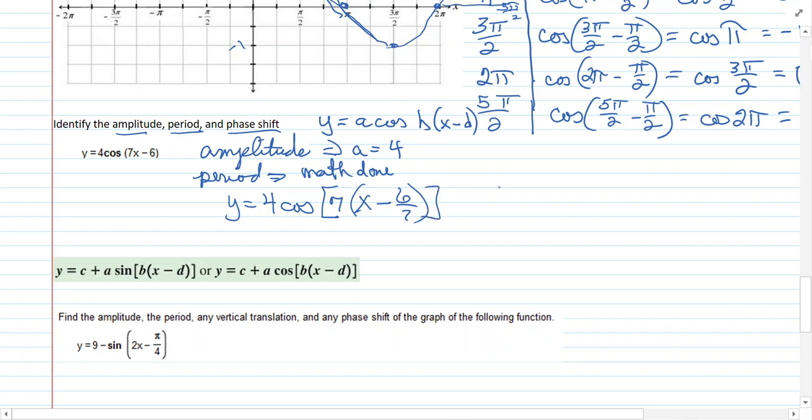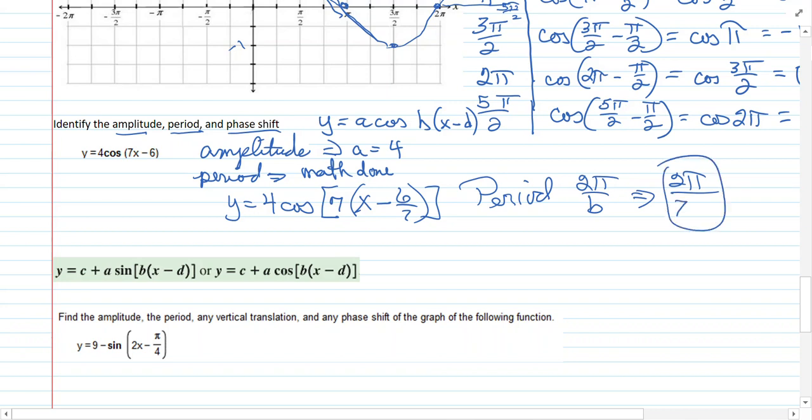So the period is 2 pi divided by b, which gives me 2 pi divided by 7.